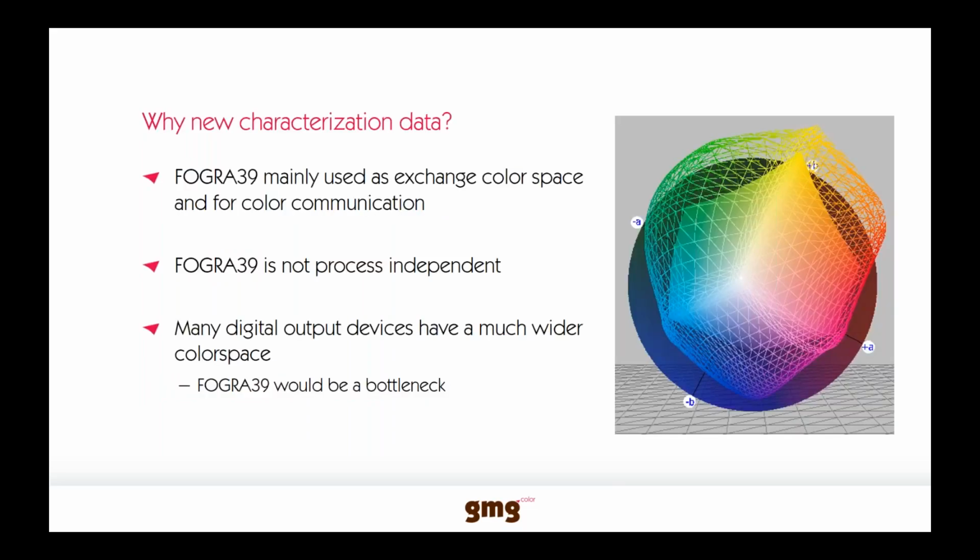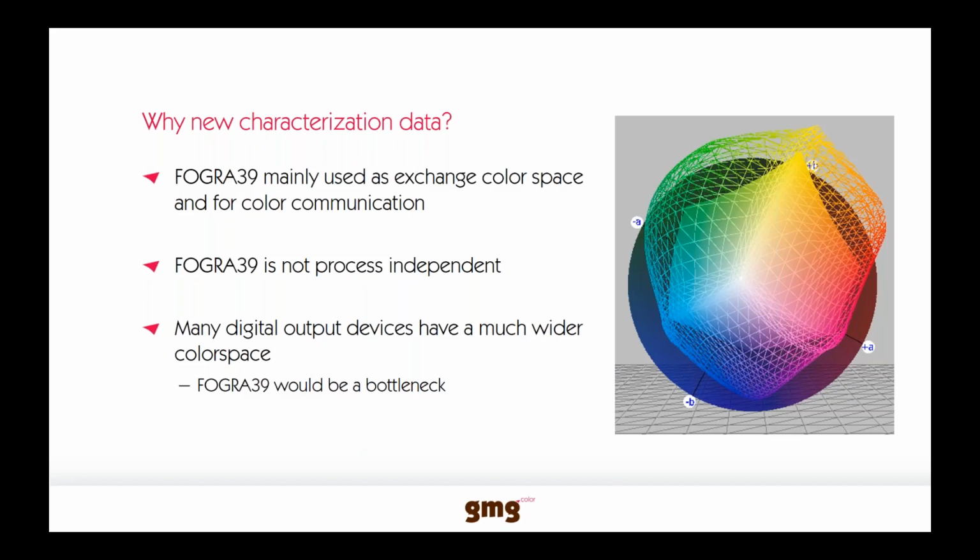The need for FOGRA53 is there because today, especially in Europe, FOGRA39 is mainly used as an exchange color space. So when the output condition is not known, FOGRA39 is used as proof, as output intent, as image color space, whatever. So color communication and color exchange is done with FOGRA39.